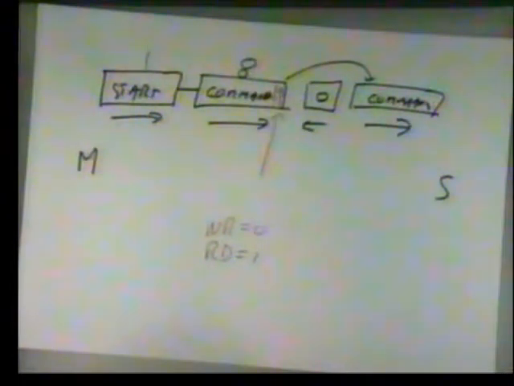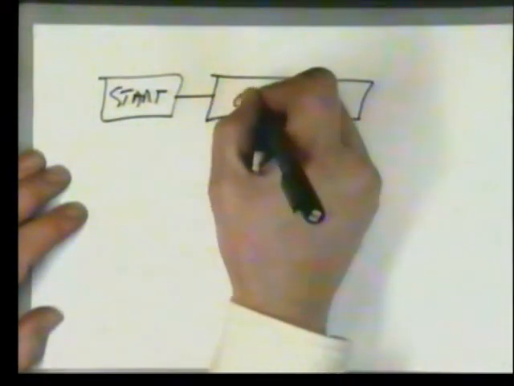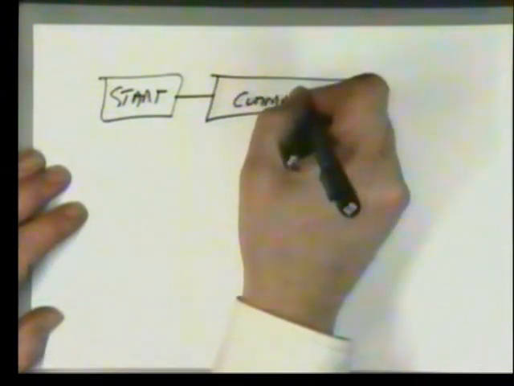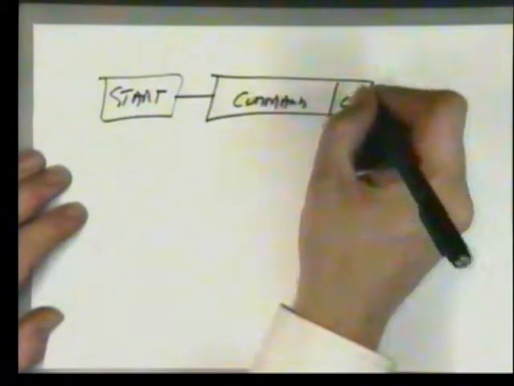So let's look in detail again at a write operation. The write operation, whatever it is, there will always be a start, a command, 8 bits long, and the last bit will be a 0.